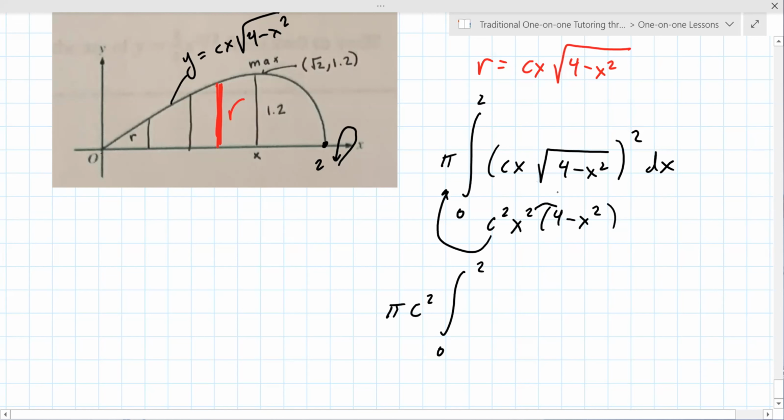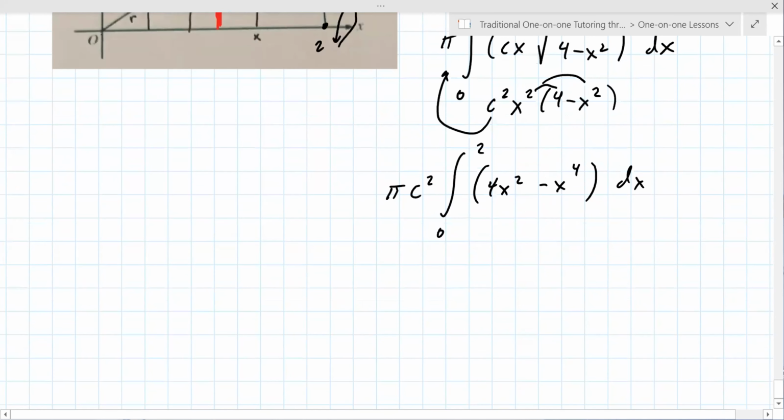Then you should distribute in because you have to find the antiderivative of nice things, and products are not nice things. So now your antiderivative is 4/3 x cubed minus 1/5 x to the 5th evaluated from 0 to 2.